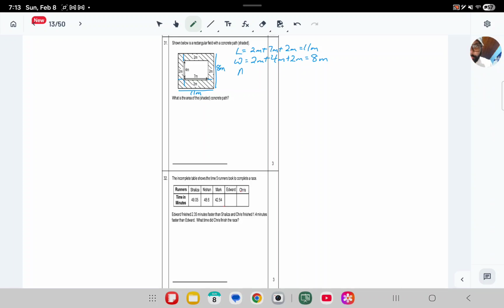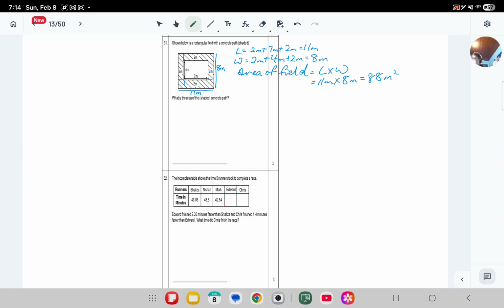Alright, so we know the width is 8 meters. Now we can calculate the area of the field. And we know that's length multiplied by the width, which is equal to 11 meters by 8 meters, which is equal to 88 meters squared. From here now, we need to calculate the area of the unshaded part, because that is the part that is being removed basically.